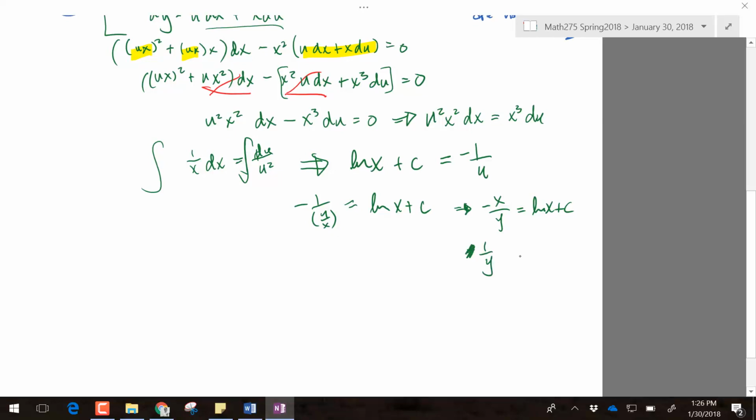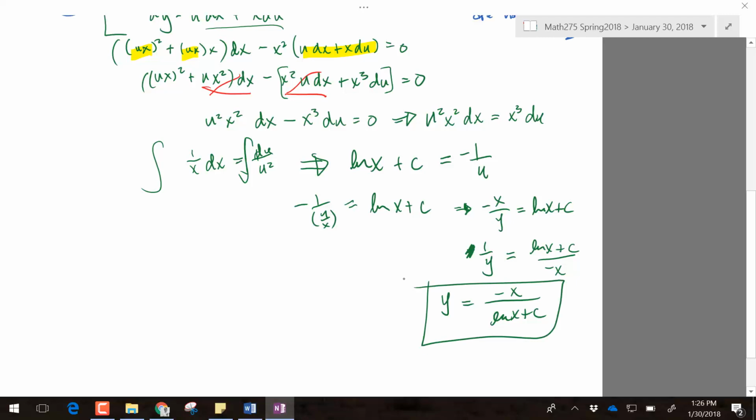Actually, let's put the negative on the other side also. Ln x plus c divided by -x. And then y equals -x over ln x plus c. Is that right? Yes. More or less.